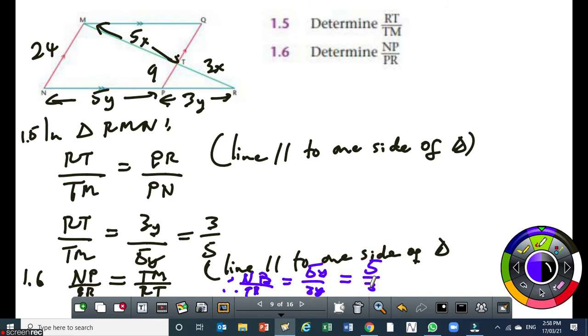Okay. Once you put your values in the diagram, it makes things very, very easy. Okay, the question will become very easy. Any question?